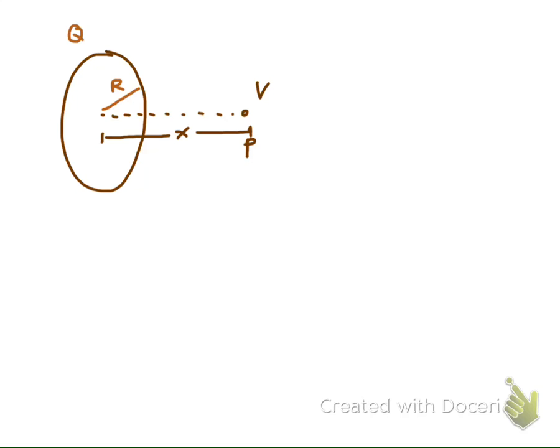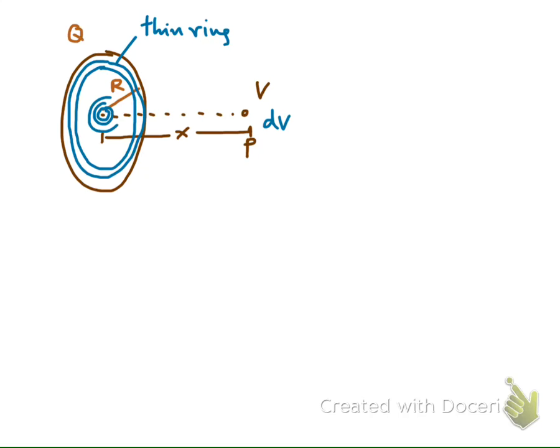So it means that if we divide the disc into a large number of thin rings, and then we calculate the electric potential from each ring, dV, and then we sum up the rings from the smallest at the center and sum all the rings.